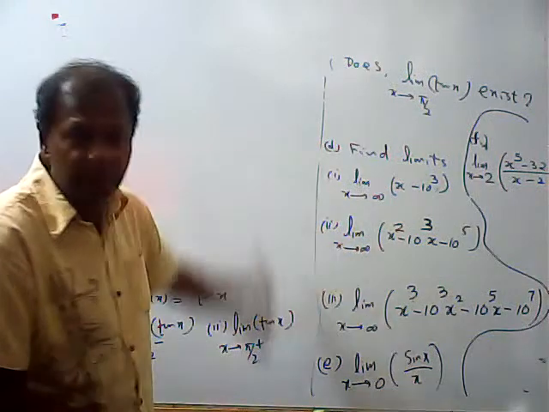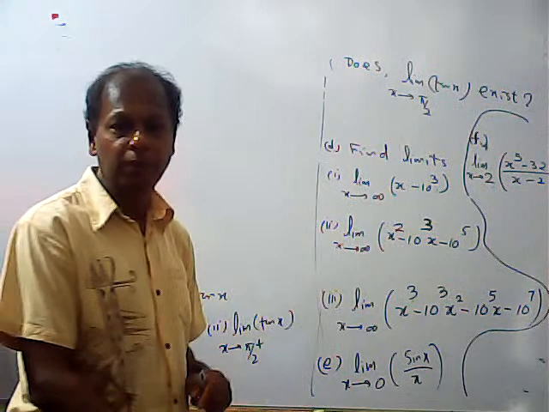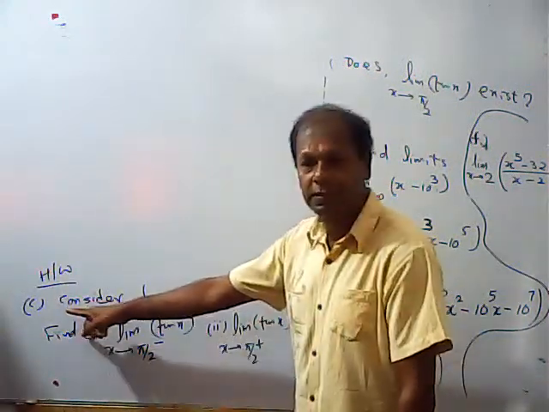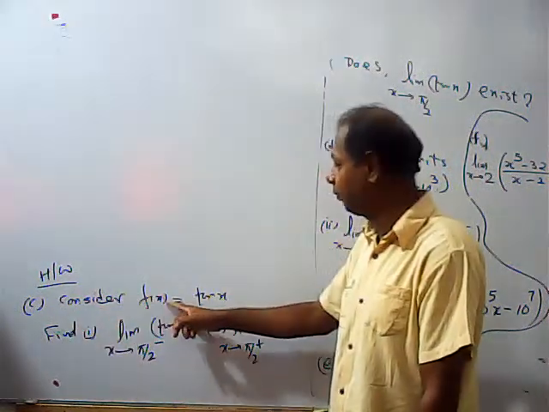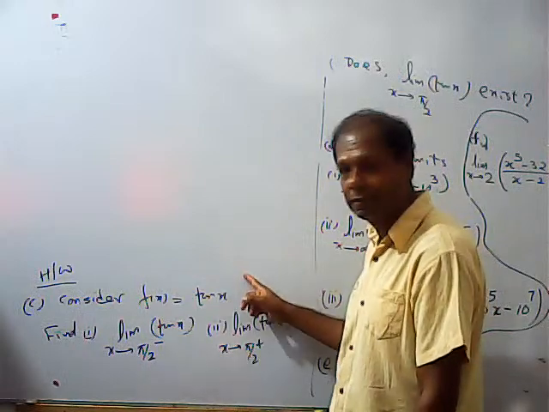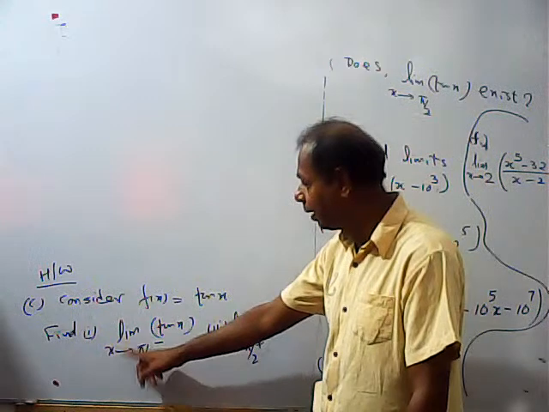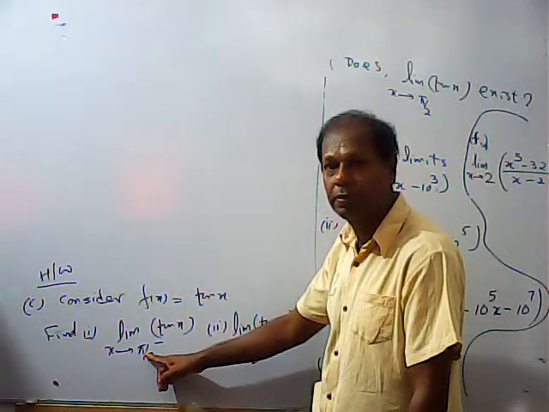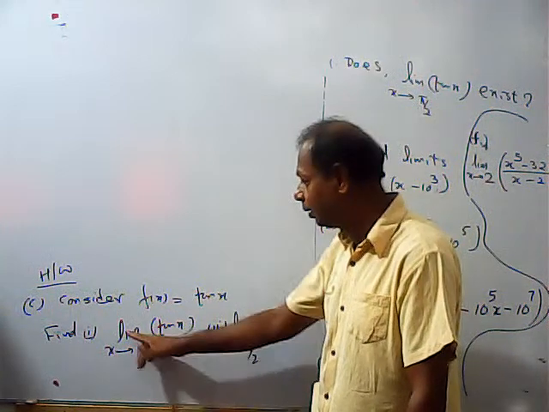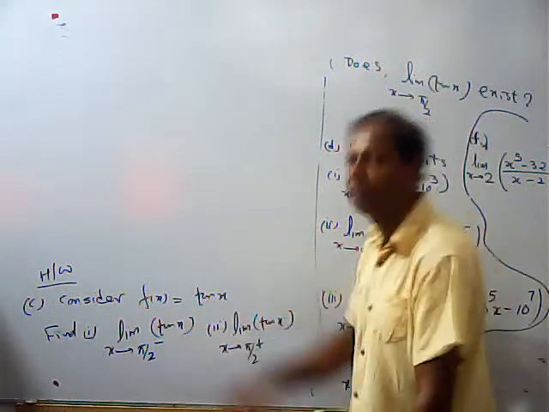So I'll read what's on the board. You can check what you have written. C. Consider f(x) equals tan x. Part 1: find the limit as x goes to pi by 2 from the negative side of tan x, the left limit.